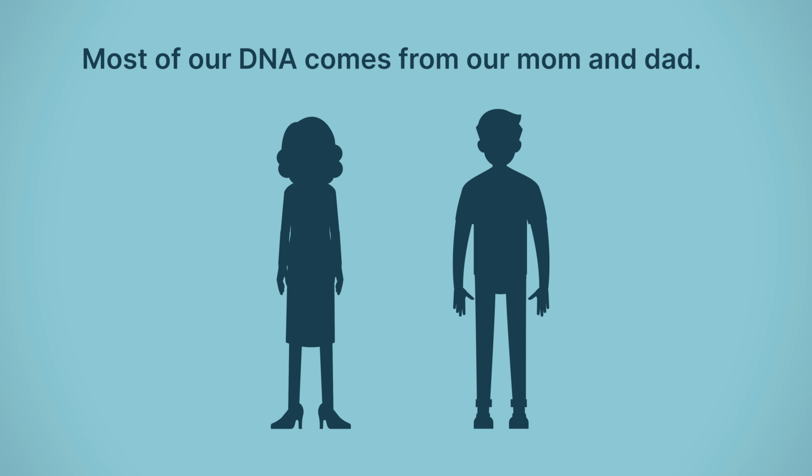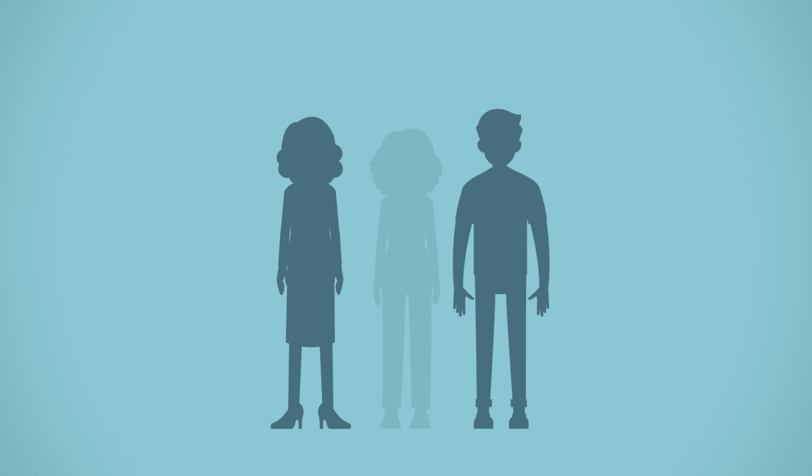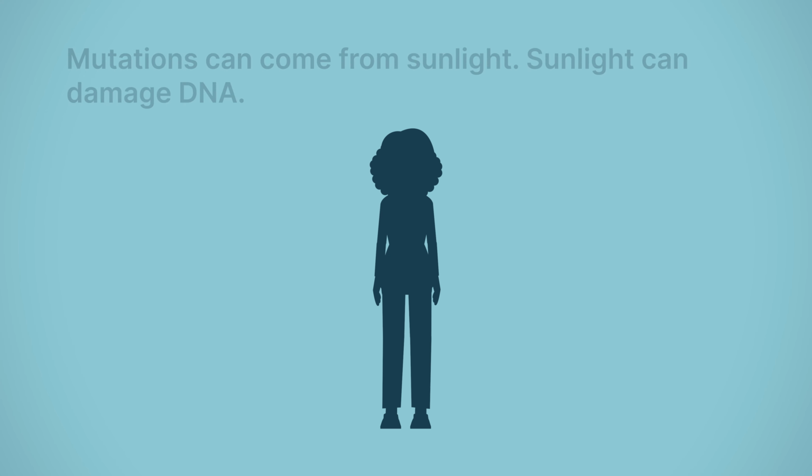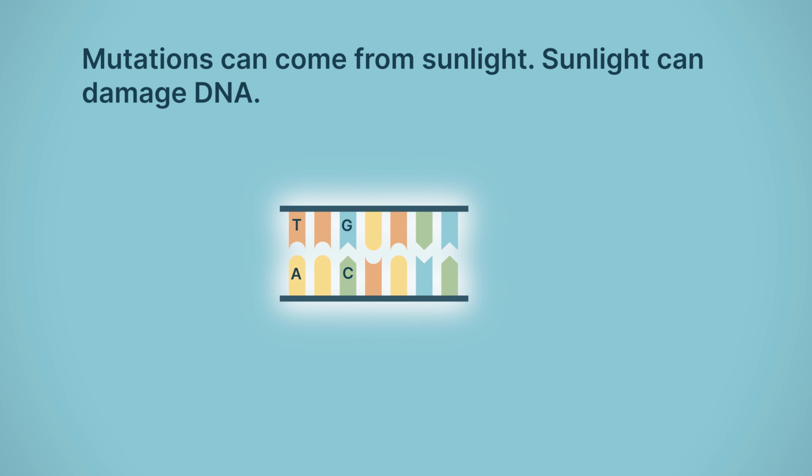I always say that we are the DNA of every individual, and if you want to blame your DNA, who do we blame? Okay, number one, we blame mom and dad, because most of the DNA we got was from mom and dad. But then you have to think about blaming yourself because mutations can occur in sunlight. Sunlight can actually damage DNA.